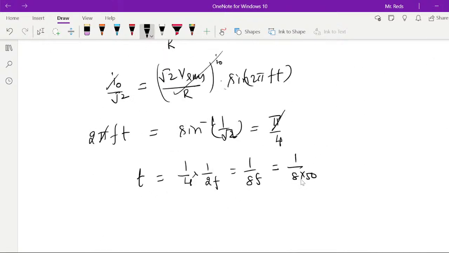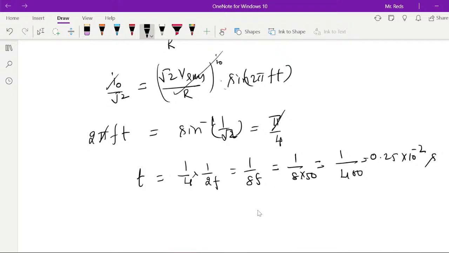So what is 8 into 50? 50 into 2 into 2 into 2, or 4 into 2, so 100 into 4, 400, 1 by 400. You can write it as 1 by 4 into 10 power minus 2, but 1 by 4 is 0.25, so 0.25 into 10 to the power minus 2. What is this? Seconds. After this many seconds it will reduce to this much is the meaning of it.